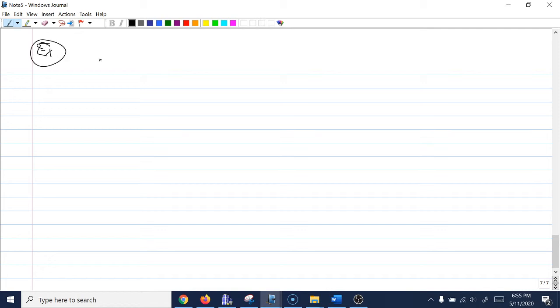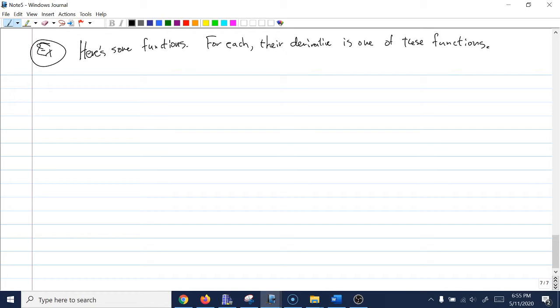Example. Here's some functions. For each, their derivative appears also. Is one of these functions. Which is it?